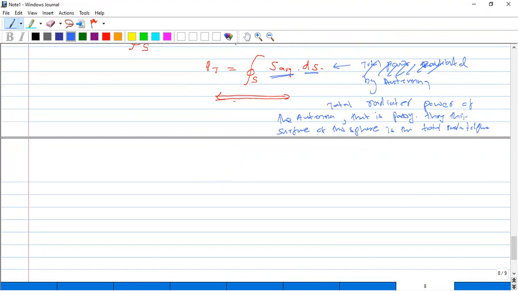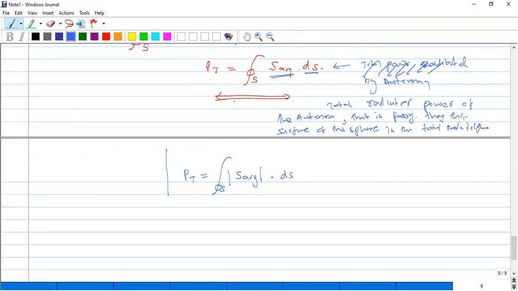So you can write the total radiated power as the surface integral of the magnitude of S average, the absolute value of S average, into ds. Like this.